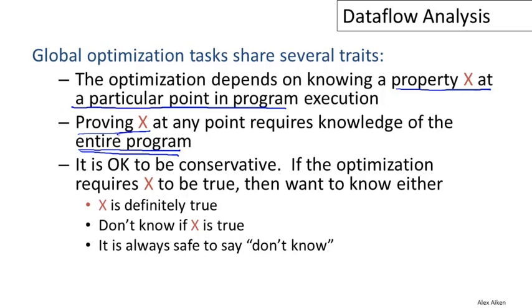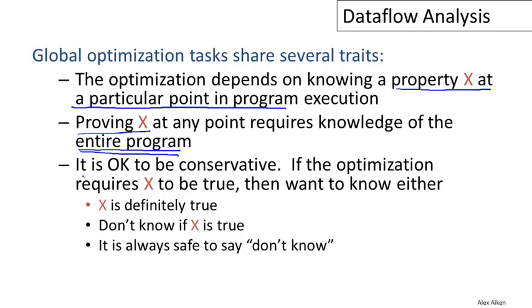So reasoning about all paths, that could be a path from the entry point of the method all the way through loops and across conditionals to the particular statement. In general, that's a very hard problem to solve, and for certain kinds of questions, it's extremely expensive to solve exactly.